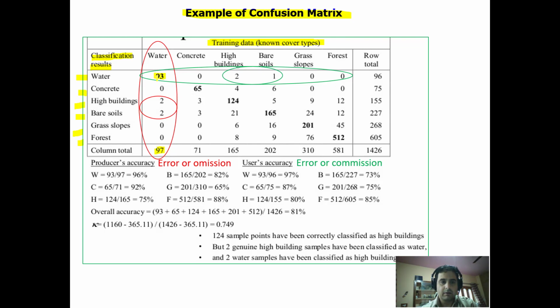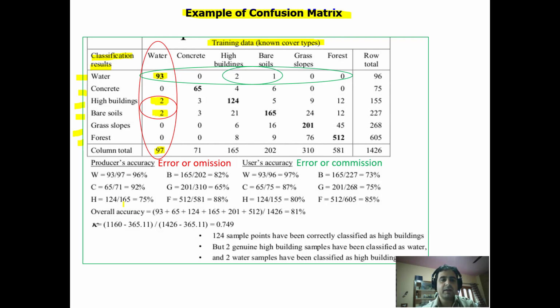Here your classification results suggest that out of 97 pixels or polygons that you have classified, 93 have been correctly classified as water, but two have been misclassified as high buildings, which were water but have been classified as high buildings, and another two were also water but have been misclassified as bare soils.